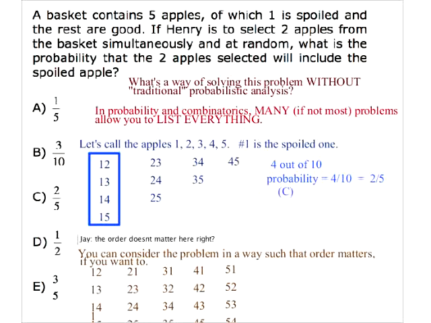I mean, that works. It's a little bit more clumsy, but if you want to think of it as a distinct first and second apple, you can do that. So these are all spoiled apple, and so are these. So it looks like we've got 8 out of 20 this time, which is still 2 out of 5.